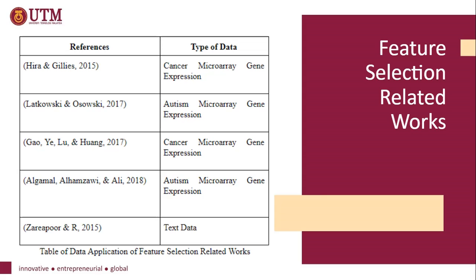However, there is only one type of data that is not using microarray gene expression in their research based on the literature review that I'm doing here, which is the research using text data. So from this table, it shows that microarray gene expression works well with feature selection method.